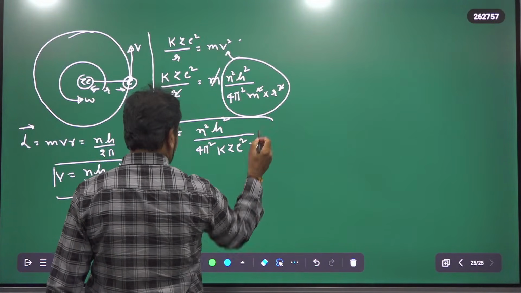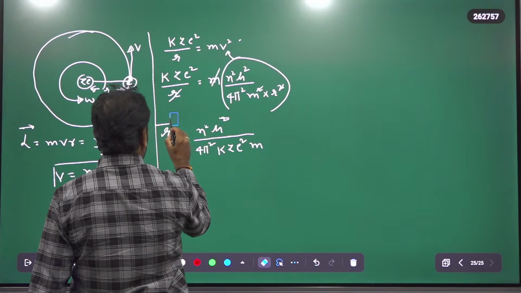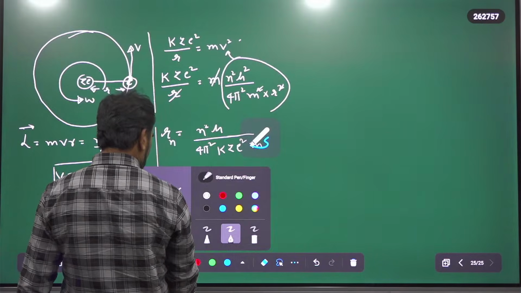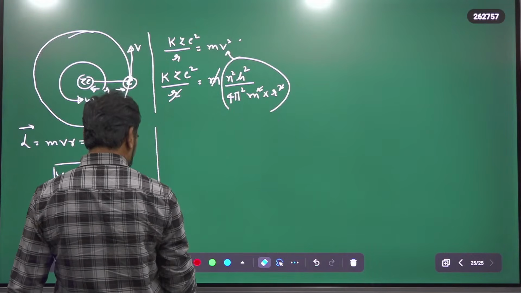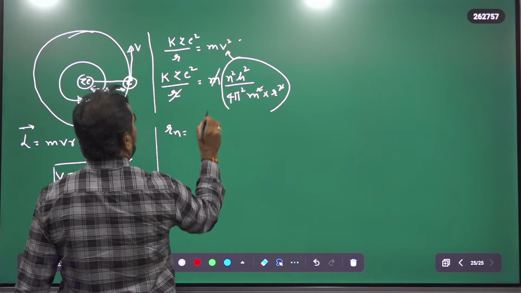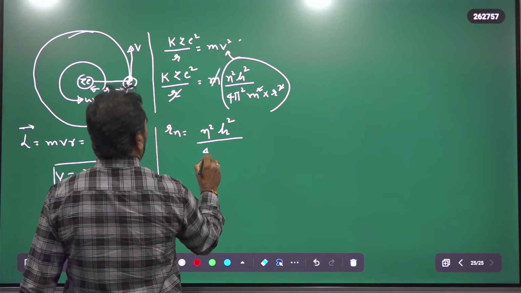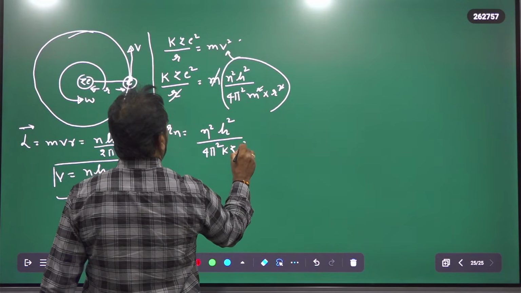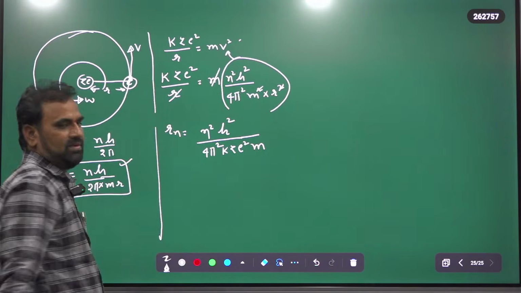Rn is equal to n square h square upon 4 pi square k Ze square into m. This is the radius of the nth orbit.